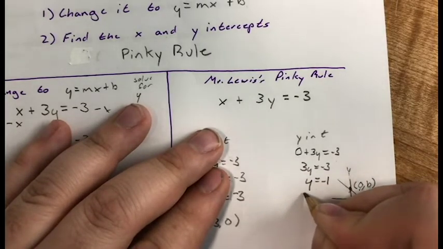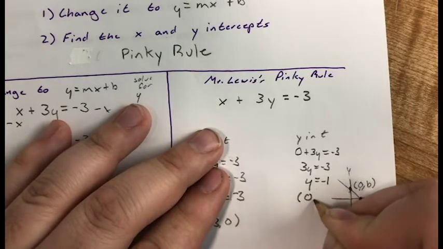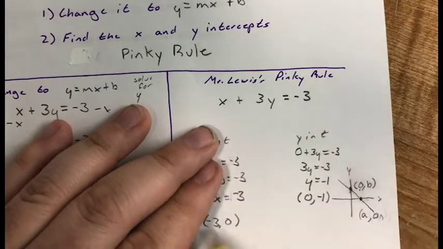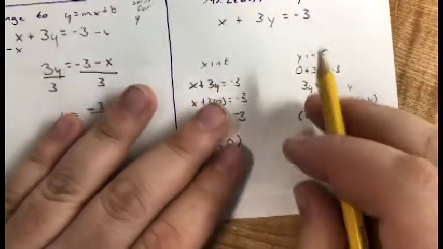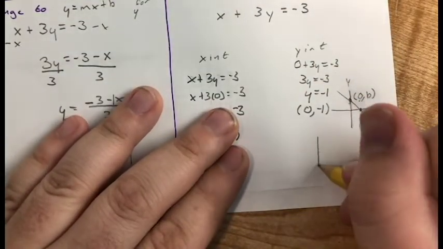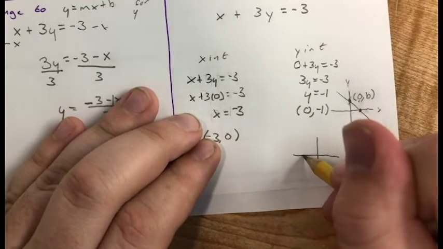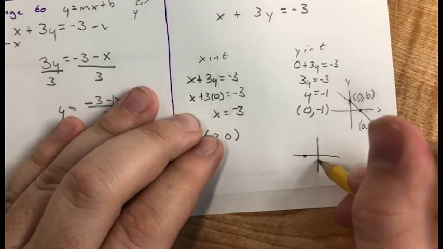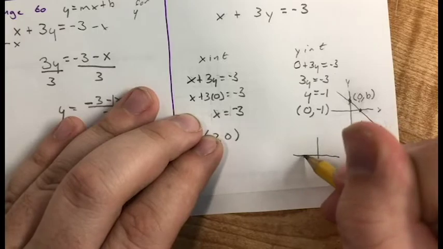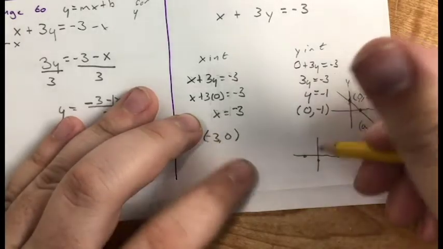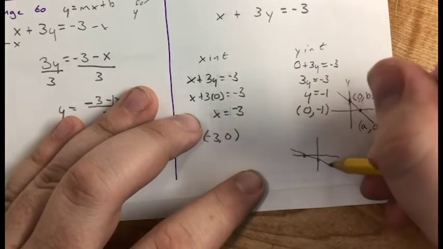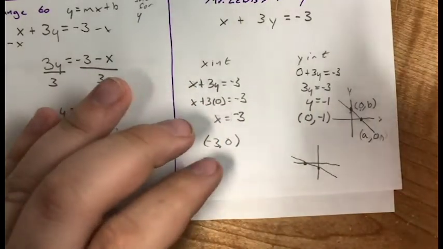I discovered that my y-intercept is 0, negative 1. Now these two don't match up with my drawing, but what we can do is actually graph it, and I'll show you. So negative 3, 0 would be somewhere around here, and 0, negative 1 would be somewhere around here. My x-intercept, my y-intercept, and now it's just a matter of drawing my line, and I am done.